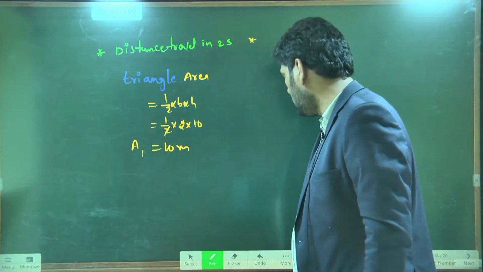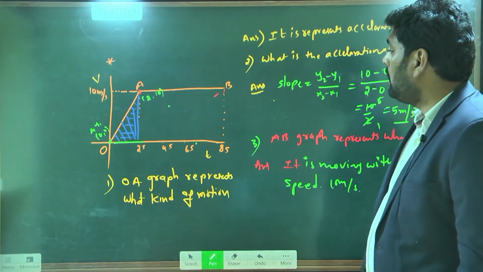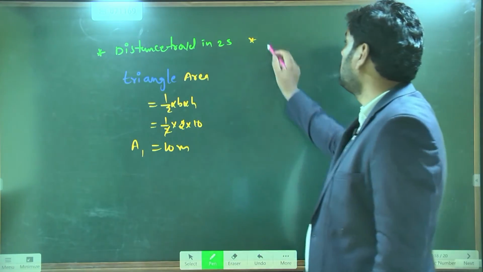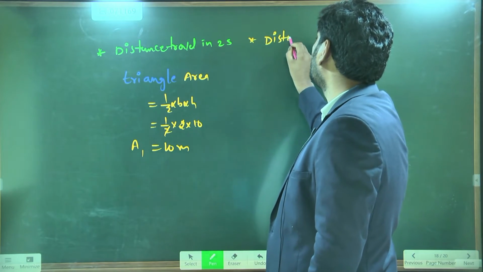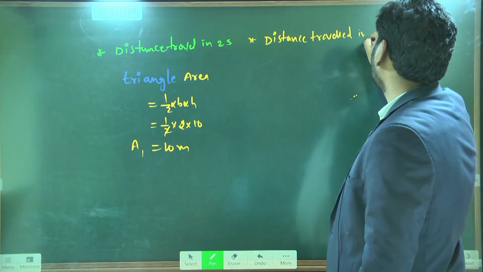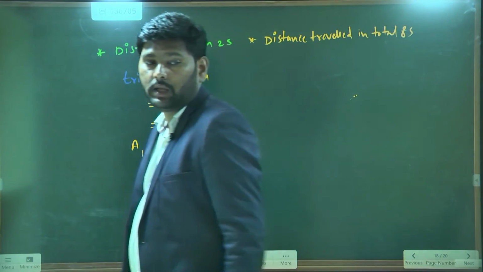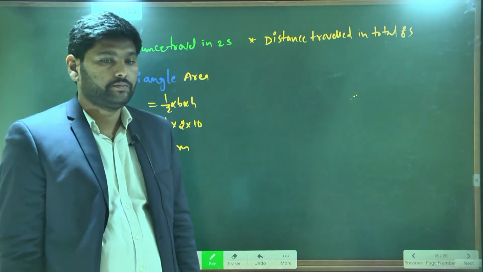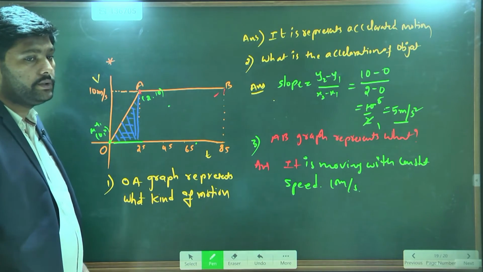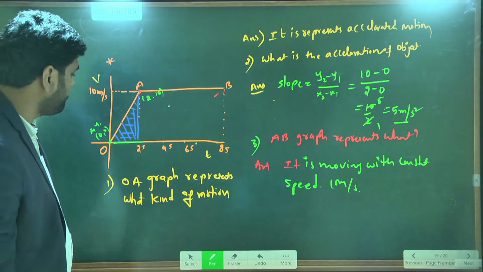And similarly, one more question. Distance traveled in total 8 seconds. Distance traveled in total 8 seconds. So, yeah, if you want to consider the area, we should consider the other triangle also.